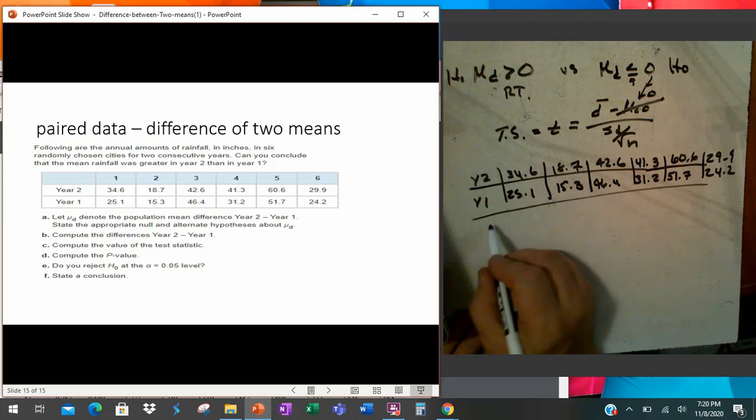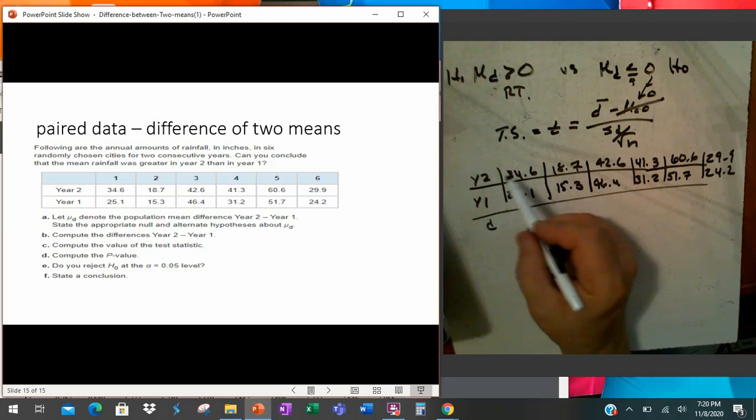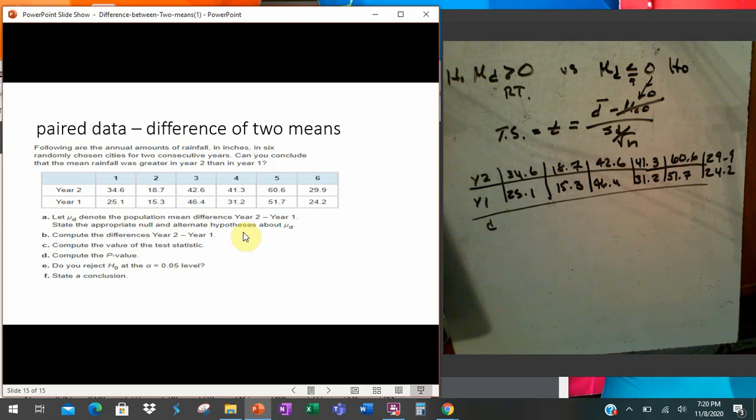So now I'm going to do the differences between 2 and 1, just like they say to do over here, to keep up with what they're doing.